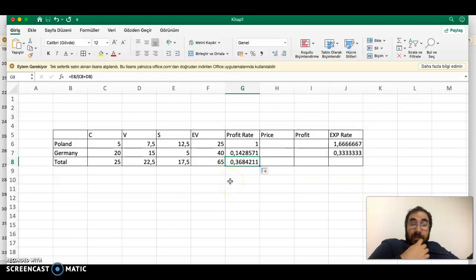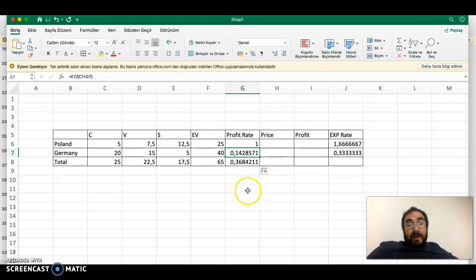We assume capital is mobile, which means that when profits are higher in Poland, and assuming this is our starting point, in Poland the profit rate is higher due to a high exploitation rate. In Germany it is lower due to a low exploitation rate and maybe also a higher organic composition of capital.